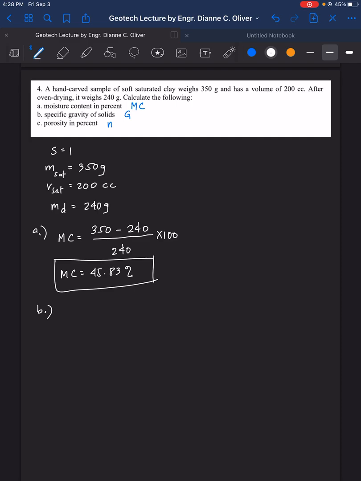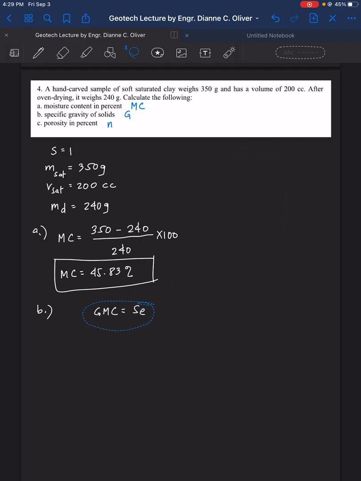What we're missing is E and G. Now what is the relationship that you can see from here? We are having the formula G MC equals SE. Okay, let's use that one.